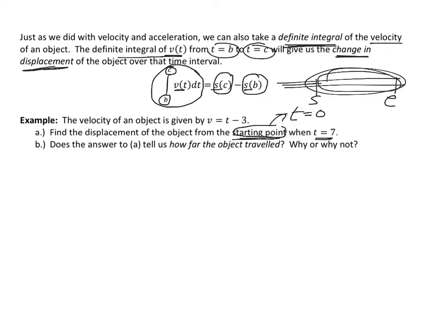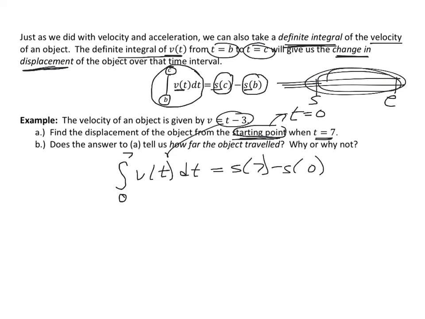So when they say find the displacement of an object from the starting point, they're really saying, what is the integral from 0 to 7 of your velocity function? Wouldn't this essentially get us the displacement at 7 minus the displacement at 0? This would essentially just give us the displacement of the object, how far away it was from its starting point, right?